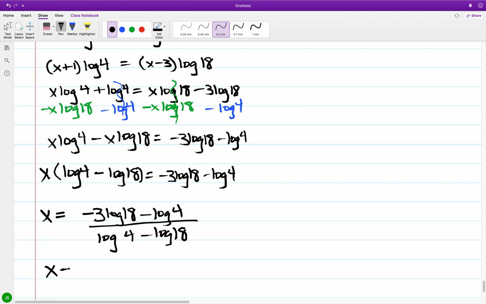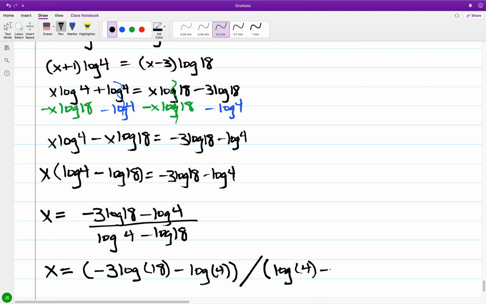Now, if you have a scientific calculator, this is going to be order of operations sensitive. You have minus 3 times base 10 logarithm of 18 minus the base 10 logarithm of 4. Notice all the parentheses here. I'm going to put in parentheses the difference that I have in the numerator, divided by, also in parentheses, the difference between the base 10 logarithm of 4 and the base 10 logarithm of 18.